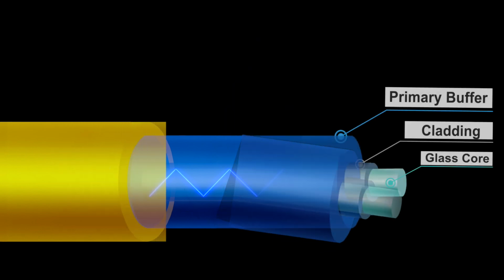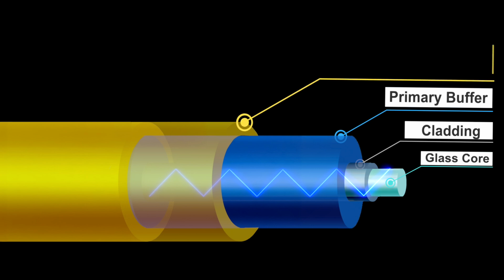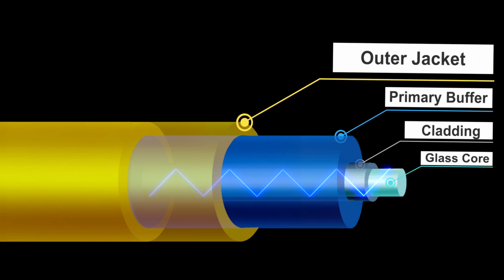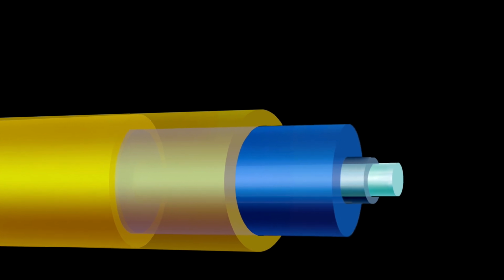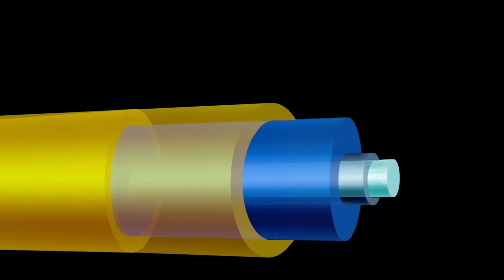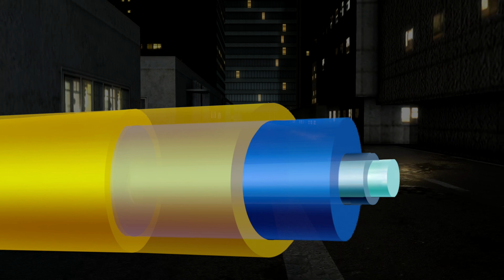The outer jacket is the external layer of the fiber optic cable, made of durable materials such as plastic. It provides an additional level of protection against physical damage, abrasion, and environmental hazards. The outer jacket ensures the cable's structural integrity and can be adapted for various environments like indoor, outdoor, or underground use.